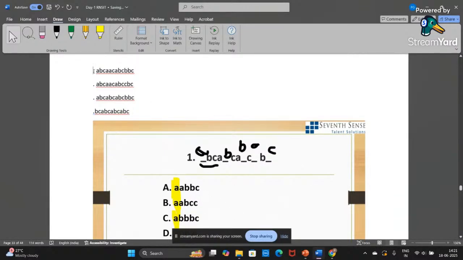This is A option, and this is B option, and this is C option, and this is D option.